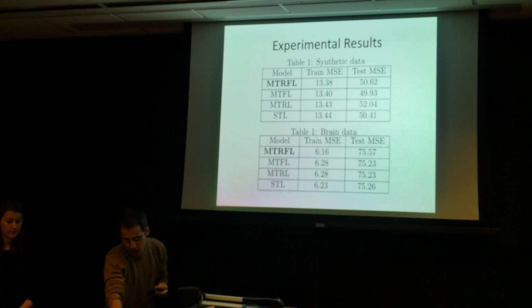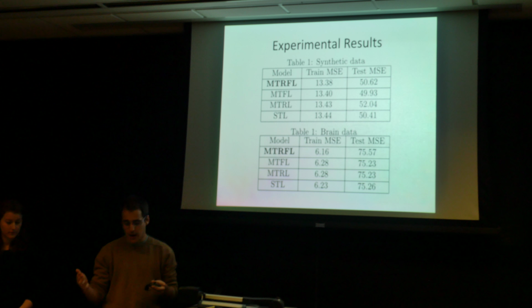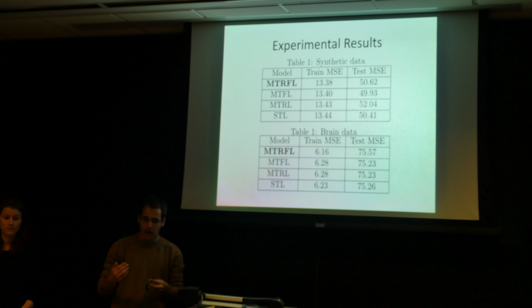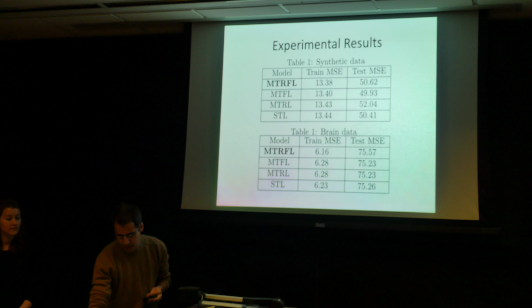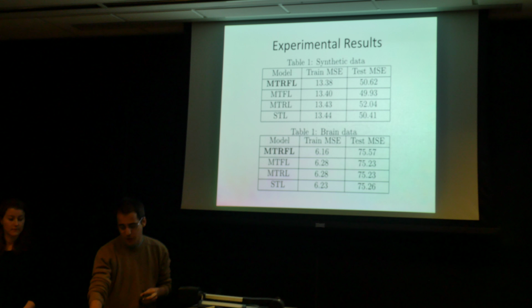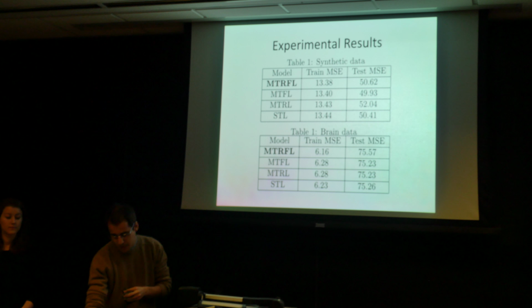The third one is with sigma 2 equal to the identity, and the other one is single task learning, where you don't capture task relationships. What we've seen is that multitask learning helps, but our model didn't perform so well in the synthetic data. I think we can do a better job here. In the brain data, it was difficult to get good results anyway, but multitask learning still helped a bit.